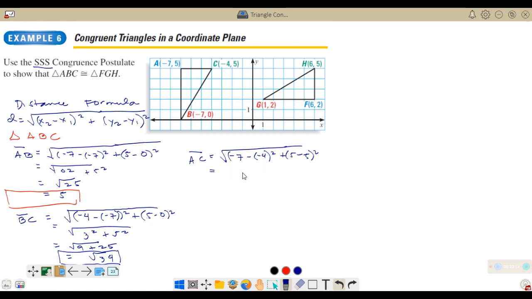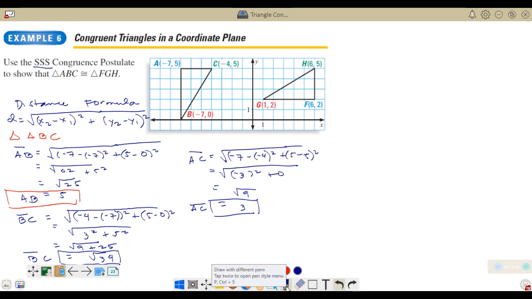We have here negative 3 squared plus 0. So, we have square root of 9, which is equal to 3. So, AC is equal to 3, BC is equal to square root of 34, and AB is equal to 5.